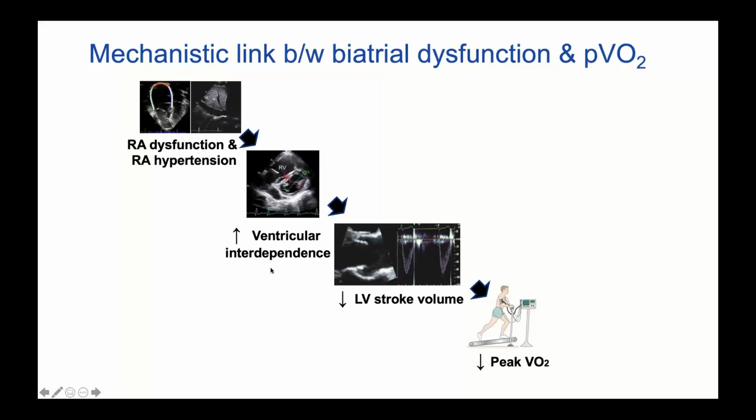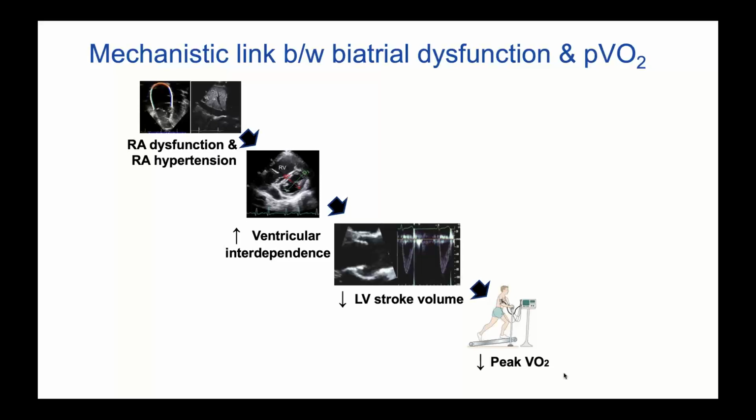With more ventricular interdependence, you need higher pressure to fill the left ventricle. This leads to left atrial remodeling and dysfunction, hence a biatrial dysfunction. There is reduced LV volume, which leads to lower stroke volume and lower peak VO2. So that's the trend that we observe over time in our patients.